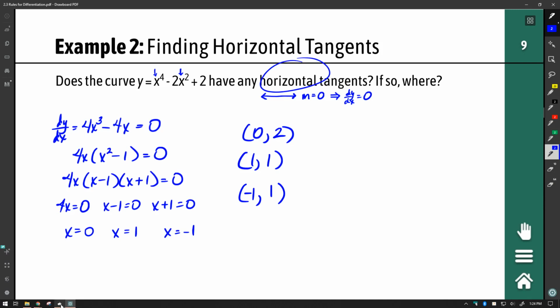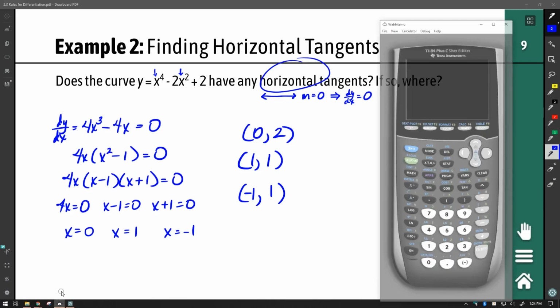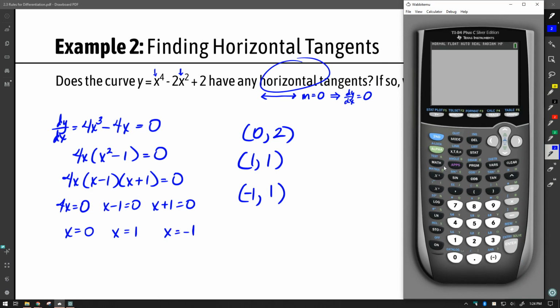And let's check real quick and see by the graph if these really are points where we have horizontal tangency. Let's graph x to the fourth, minus 2x to the second and plus 2. Let's go zoom decimal to get a nice view of this graph, and I am looking at the points 0, 2, 1, 1, and negative 1, 1.